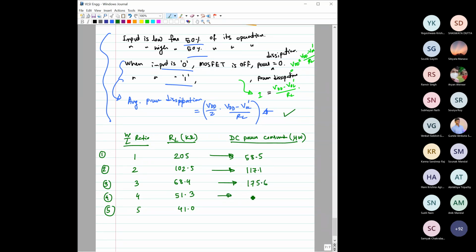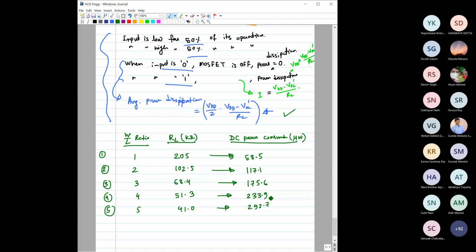Okay. Next, 234.1. I also got some value in this same range. For the last one, 292.7.